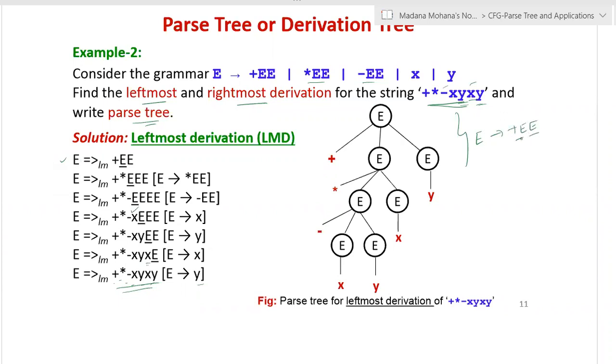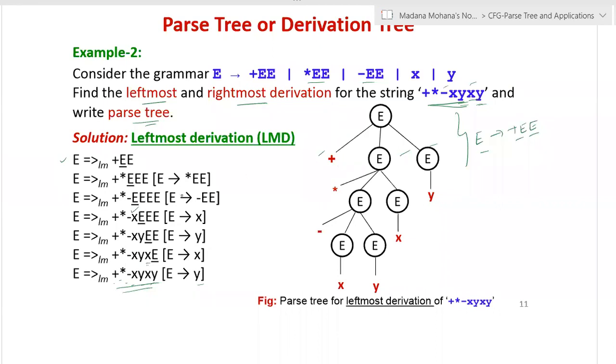Wherever a variable occurs, you represent it within a circle. Wherever a terminal occurs, you need not include it within a circle. Terminal means no further expansion is possible. That is a leaf node. For a variable we have substitutions, so expansion is possible, and that expansion depends on the given string which is going to be derived.